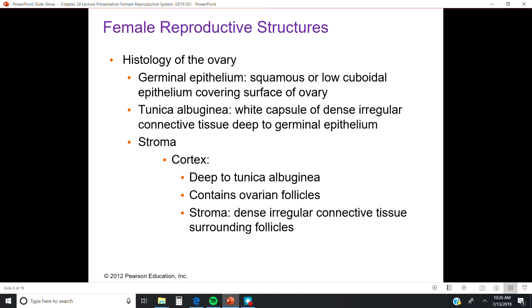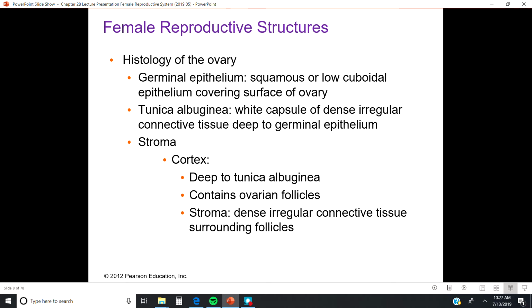Now, if we slice the ovary and look into it, and we can actually see this under the microscope, there's an outer cortical layer we're going to call the cortex. It's just deep to the tunica albuginea, and this is where we see the different ovarian follicles. They're in different stages of development. I'll talk about that in a different lesson, as the ovarian cycle takes place.